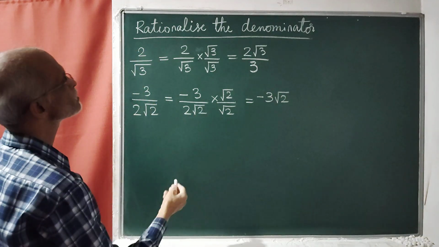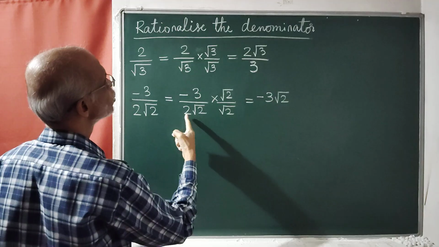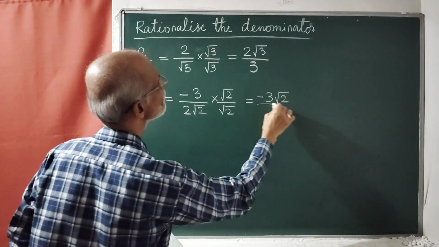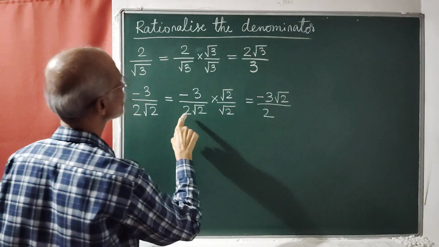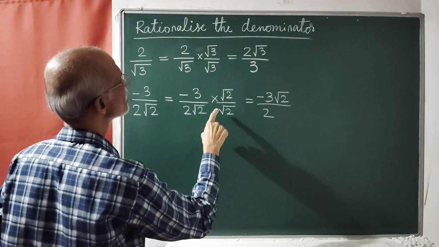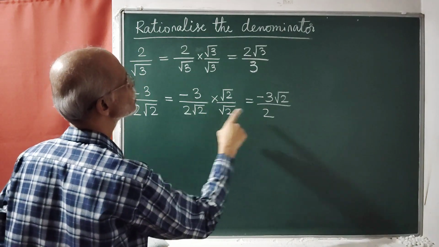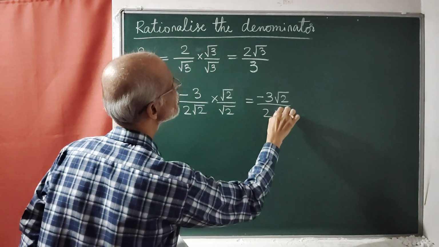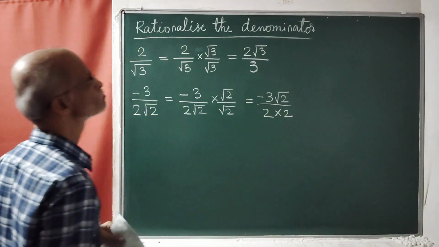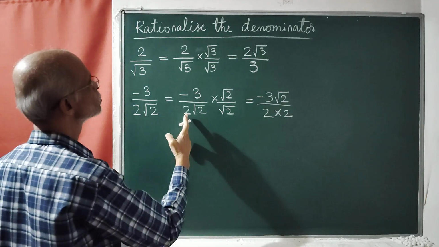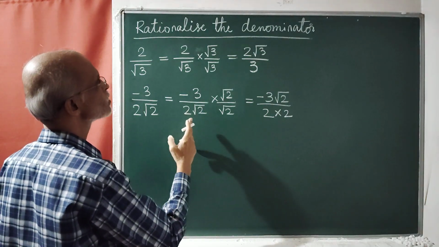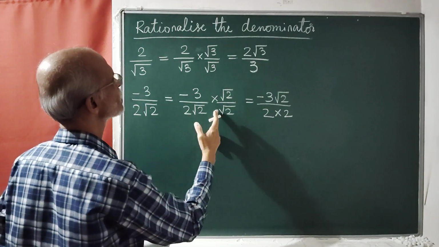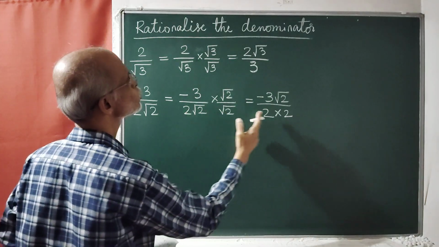You can see here, 2 into 1 is 2: outside number with outside number. Here the number is 1, 2 ones are 2. Again, root 2 into root 2 is also 2. First we multiply the outside number with the outside number, 2 into 1 is 2.